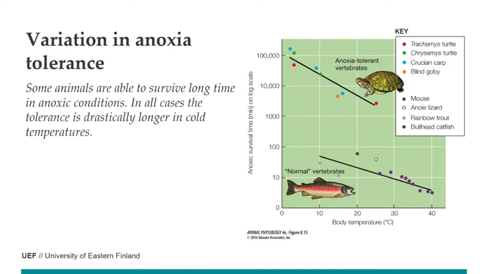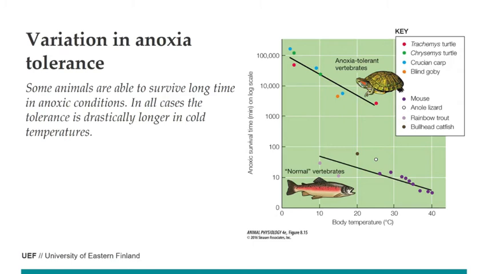And in both cases, you can see that there's a negative correlation between the time you survive and the body temperature. So the cold animals tend to live longer in conditions where there is no oxygen available.